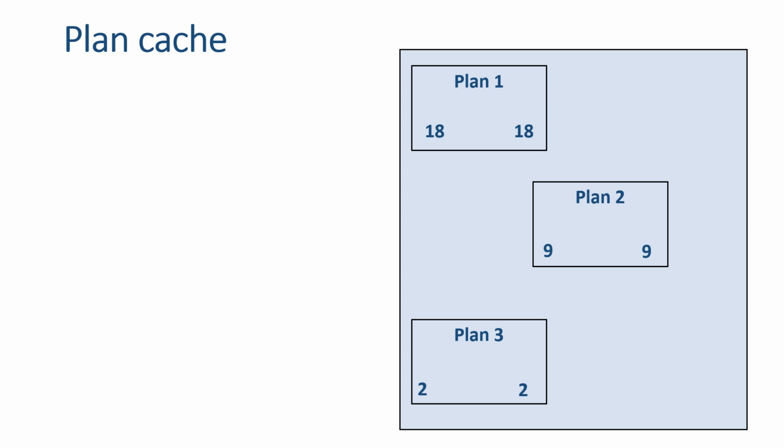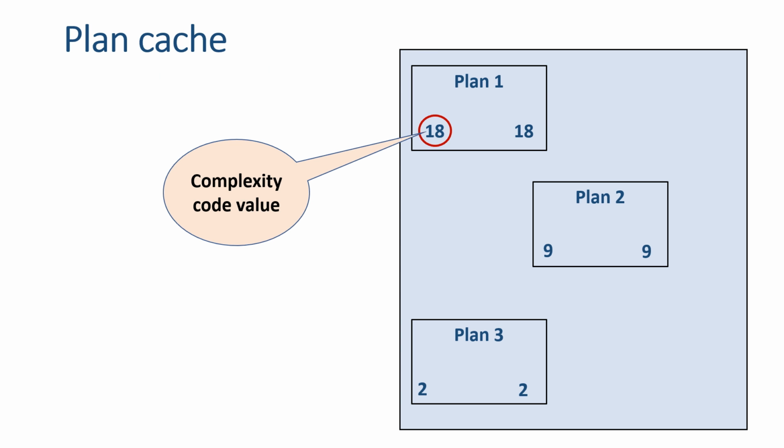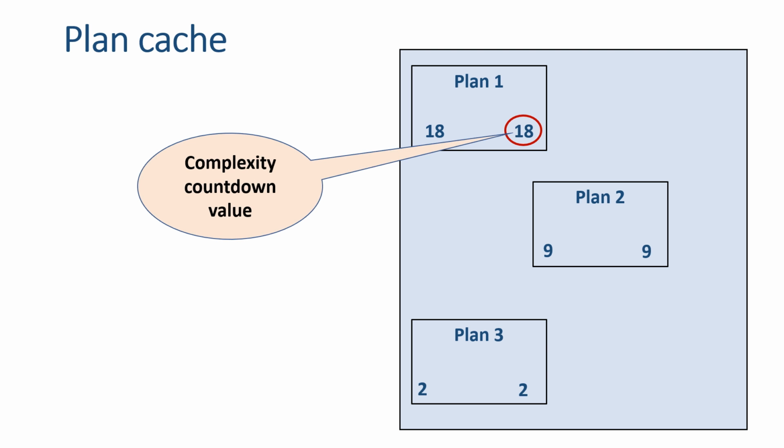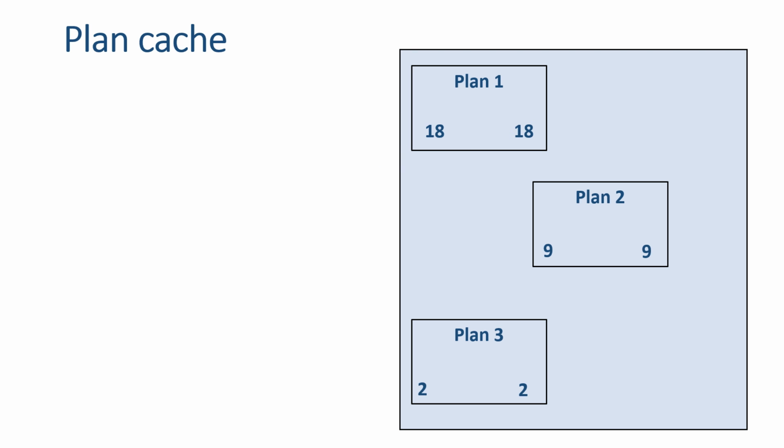Now for each and every object inside this cache, we have two numbers at the bottom. The left side number is known as the complexity cost value. The right side number is known as the complexity countdown value. Now, the lazy writer is kicked in every minute by SQL Server automatically.